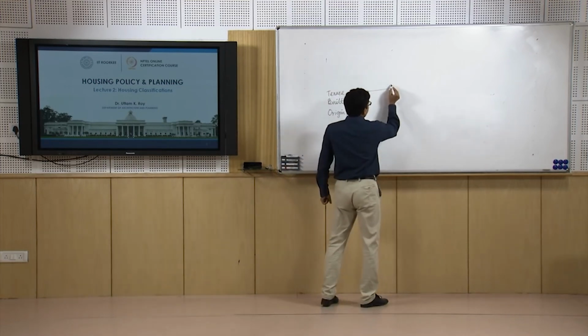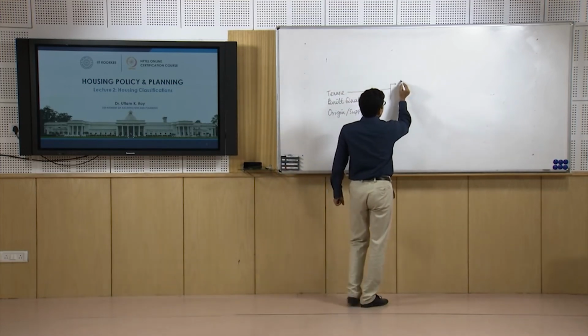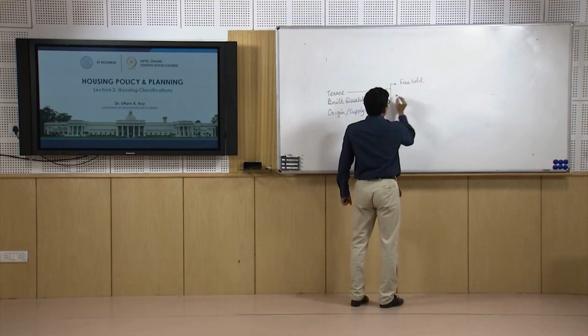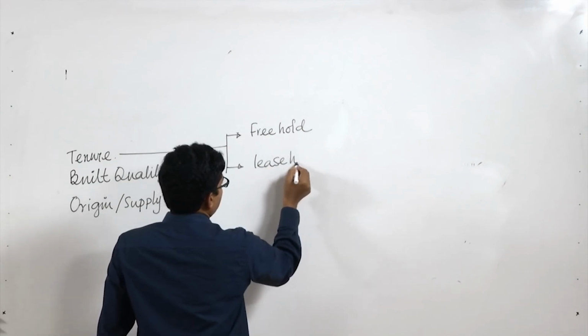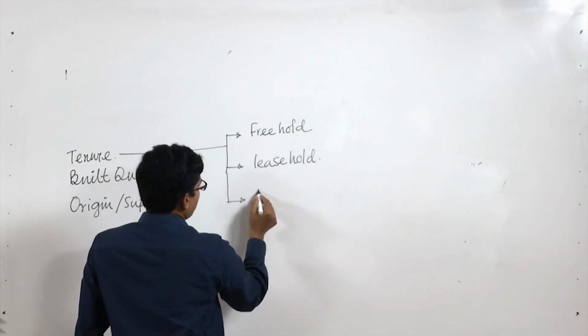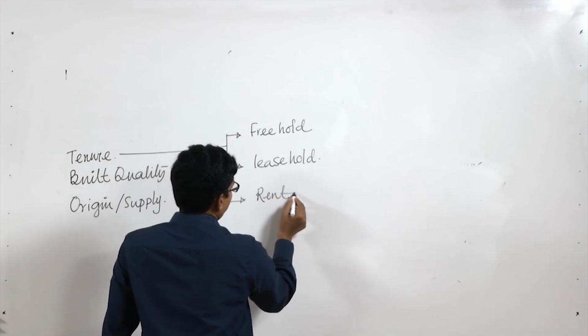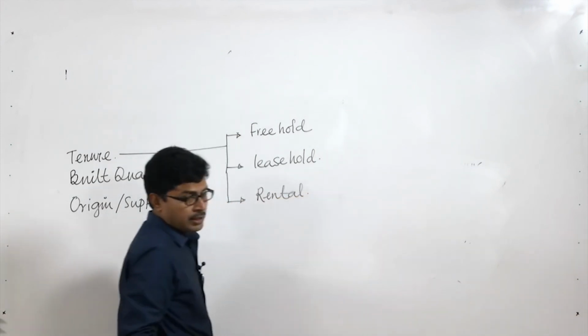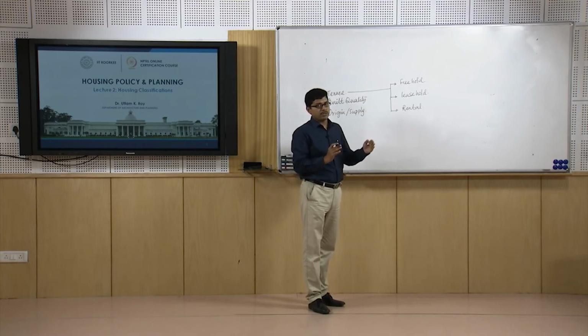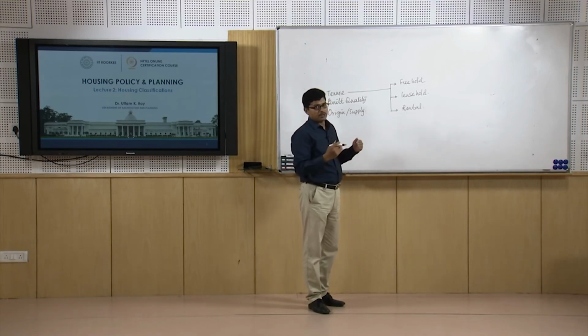It may be a freehold property, leasehold, or rental. In the freehold case, the property is owned by the people for their whole life, and it can be inherited by their next generation.